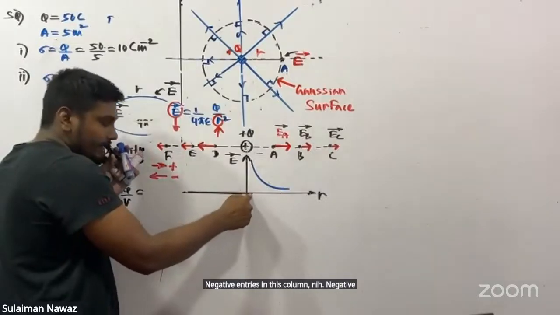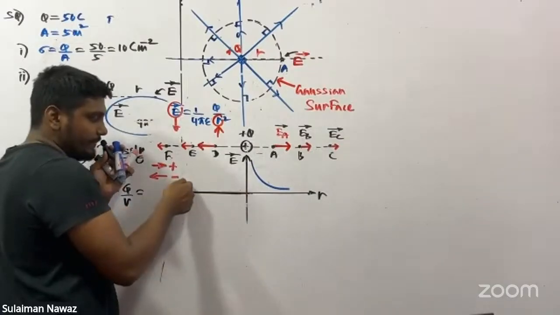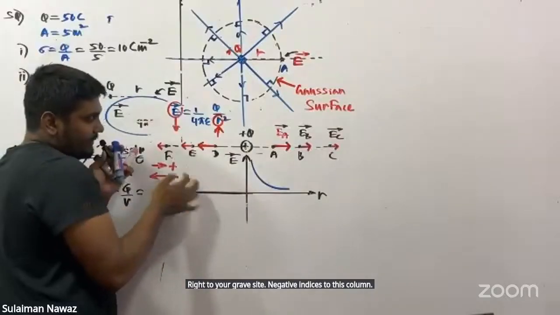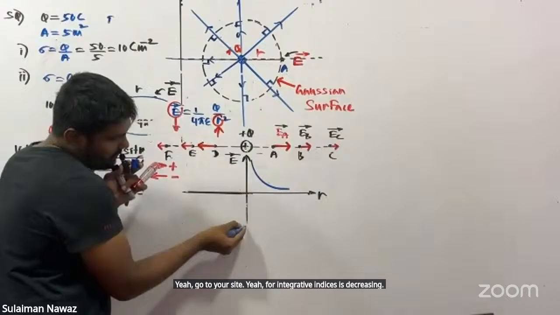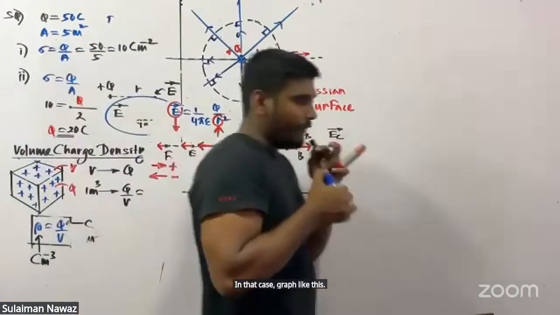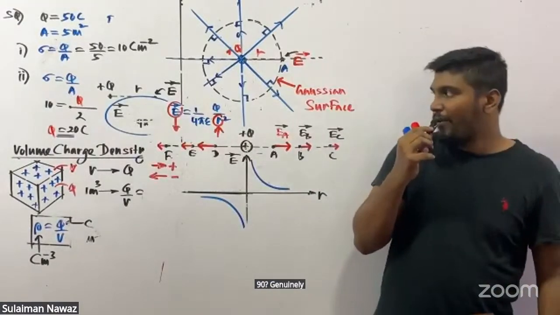You are going left side, so the negative intensity is decreasing. In that case, the graph looks like this. Hands up if the way I plot the graph is clear.